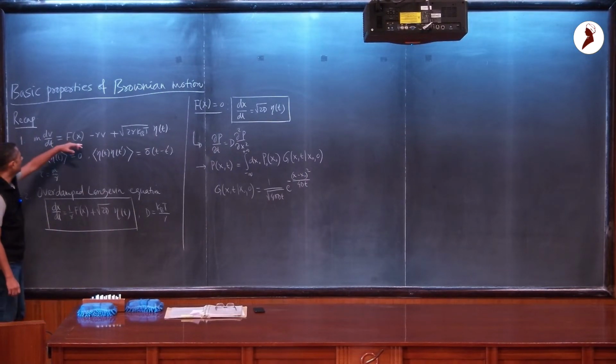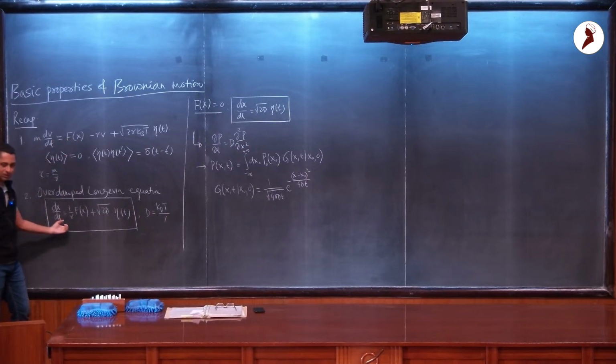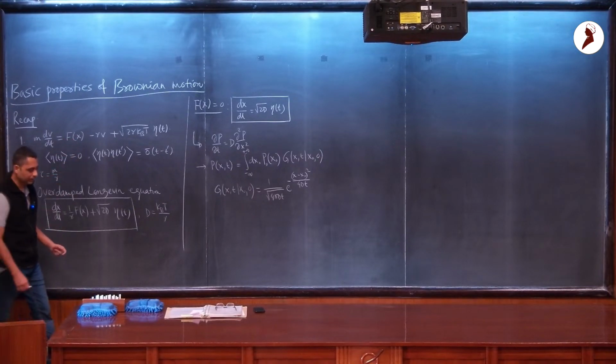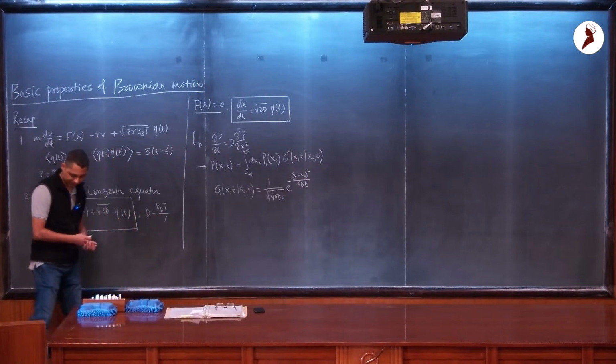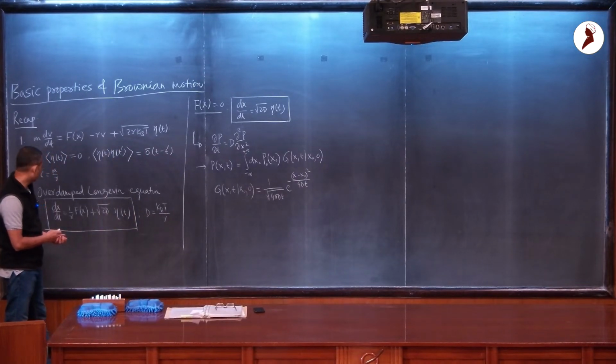We also wrote down the Fokker-Planck equation corresponding to this one, but as I said, that Fokker-Planck equation looks quite different from the Fokker-Planck equation for this problem, and going from there to there involves a lot of intermediate steps. So I am not going to go through it today.